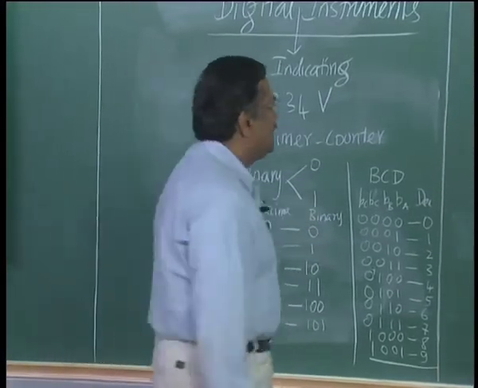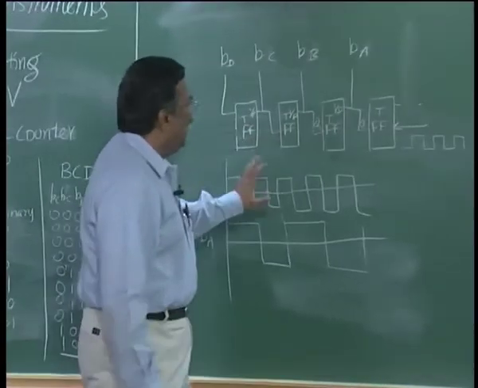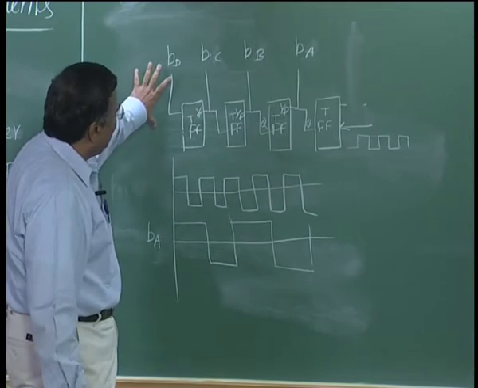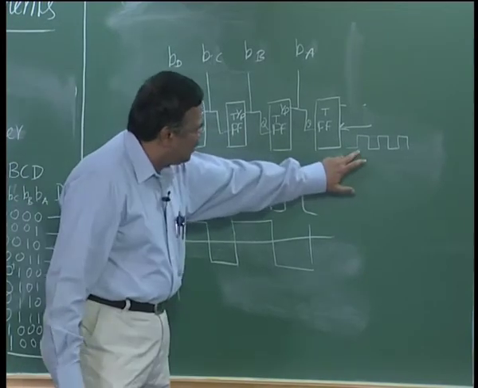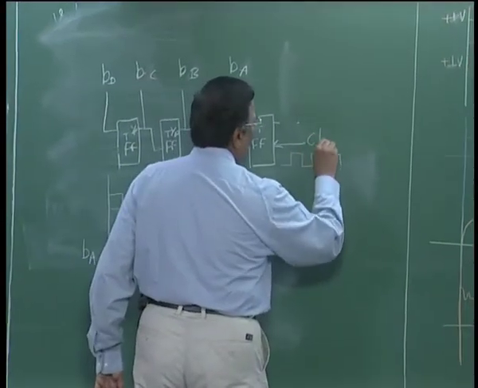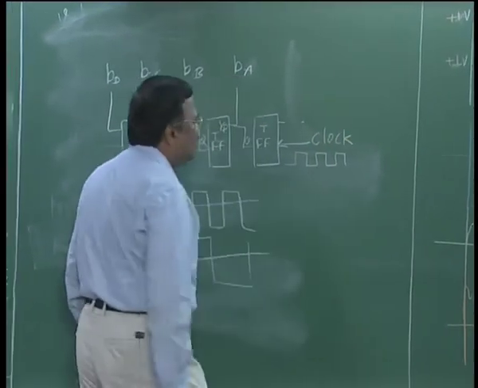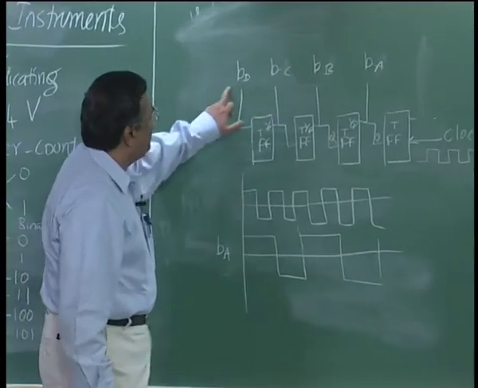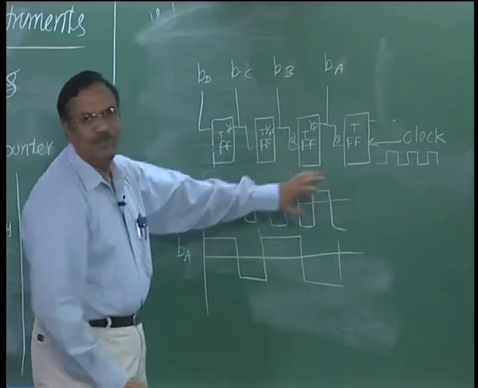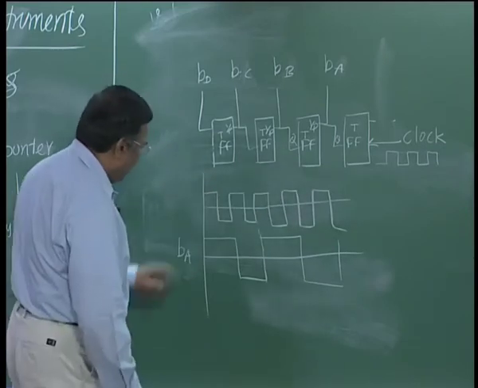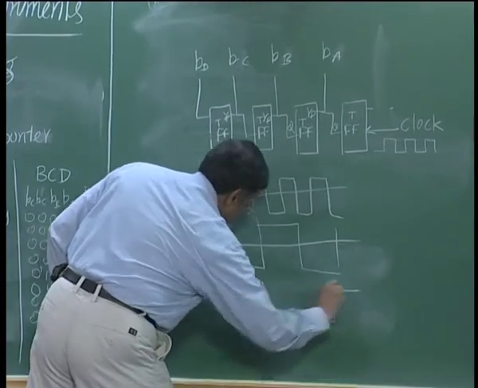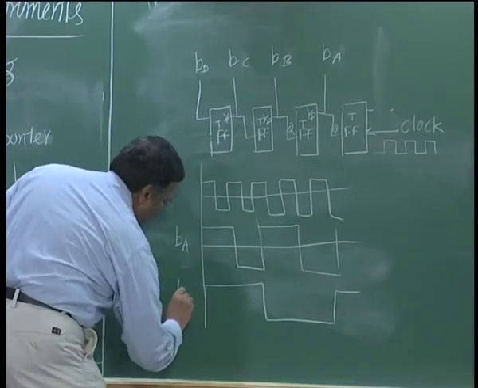So, I get successive division by 2, and if I start looking at the waveforms, I will see that the first clock here, I call this the clock, will make this 0 0 0 1. Assume that all are 0 in the initial stages, B A is 0, B B is also 0, and B B will be something like this, divided by 2. This is B B.